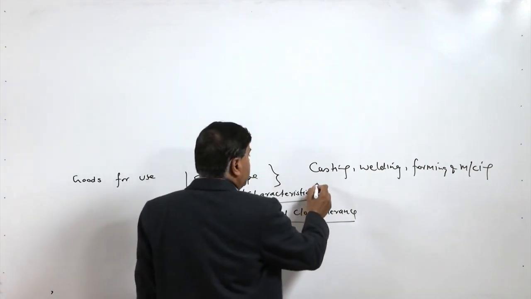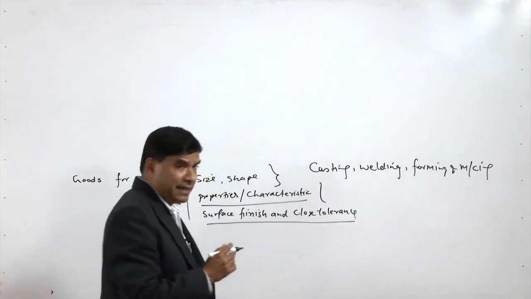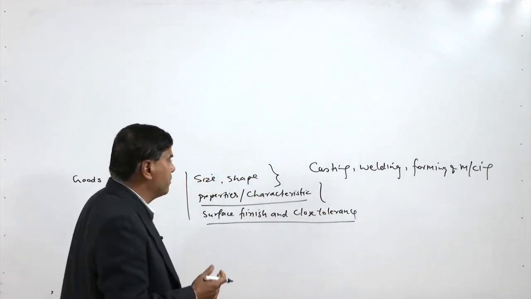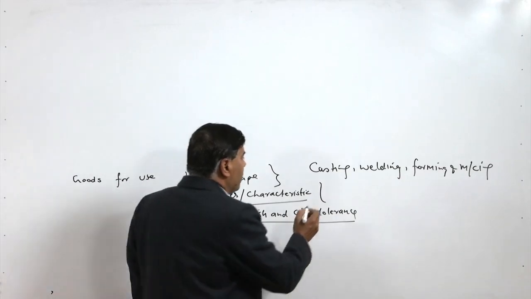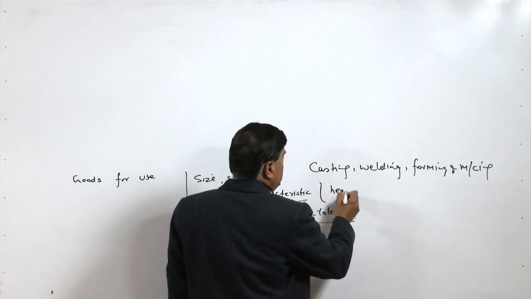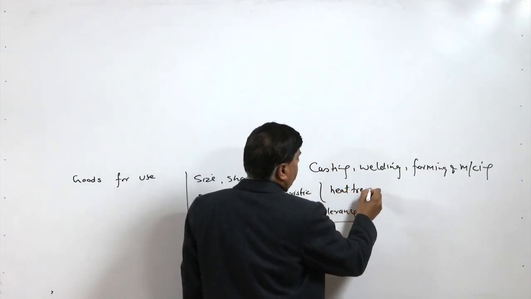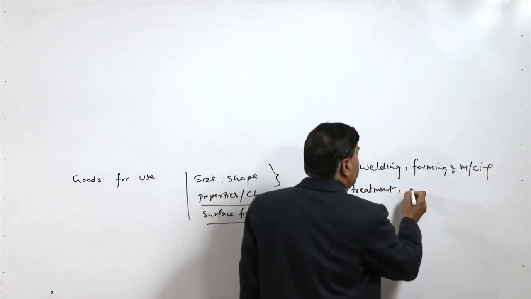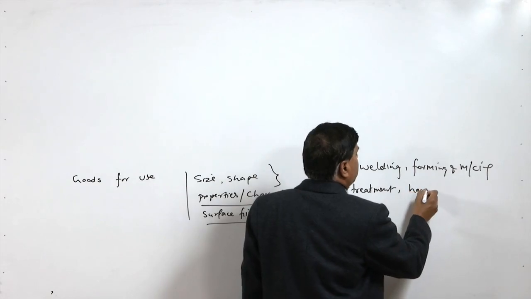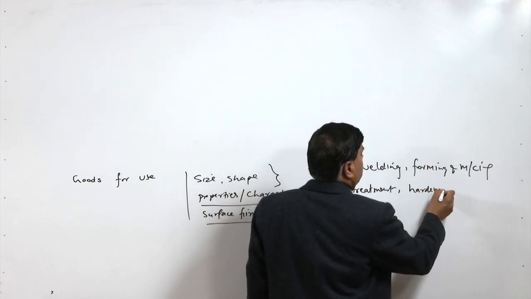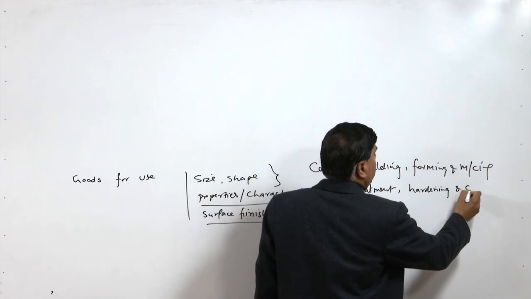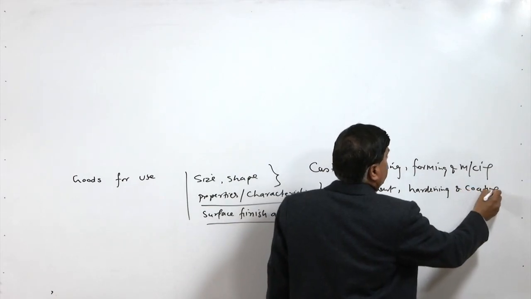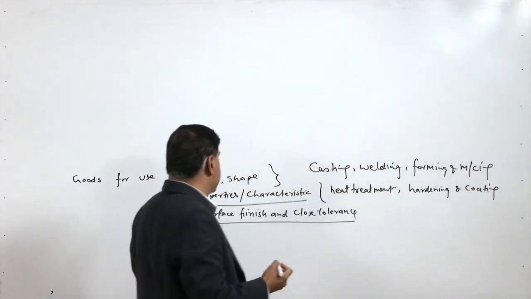For achieving the desired set of properties and characteristics in the goods being produced, we can perform heat treatment, we can perform hardening of the surfaces, and we can develop coatings on the surface so that it has the desired characteristics.